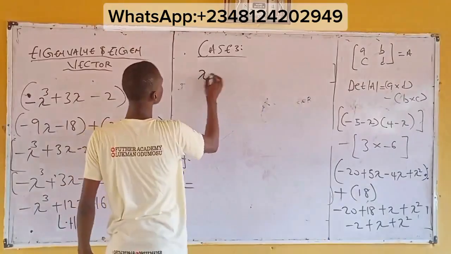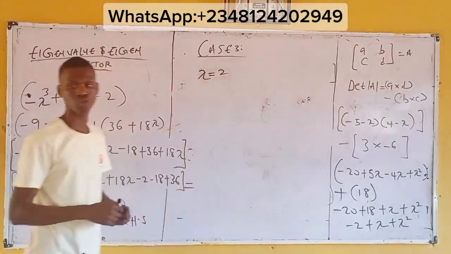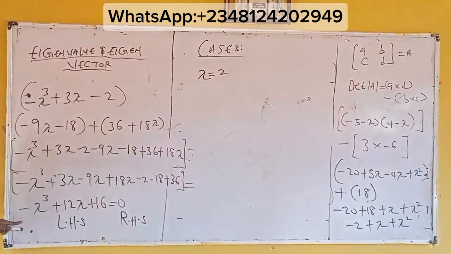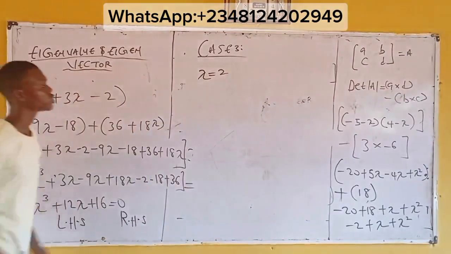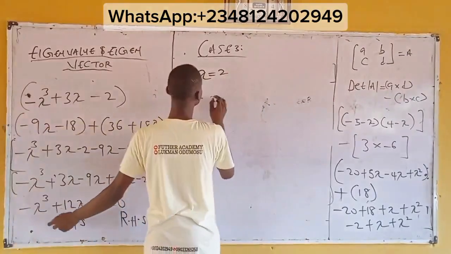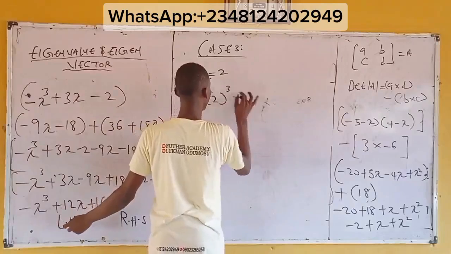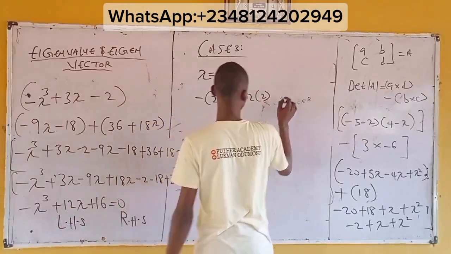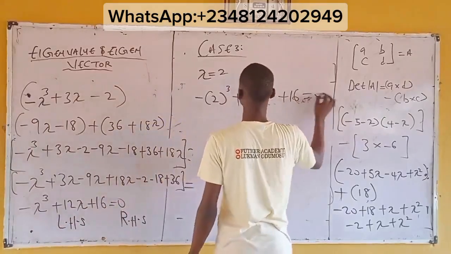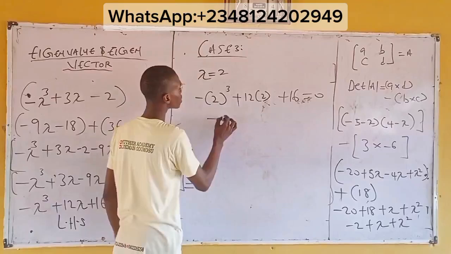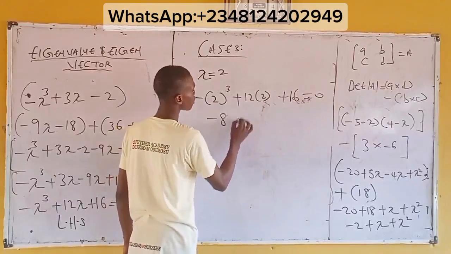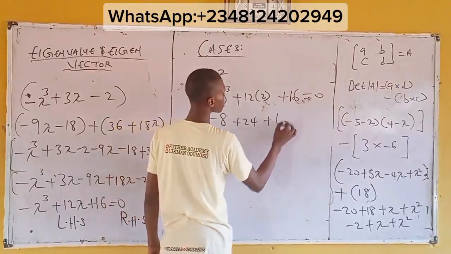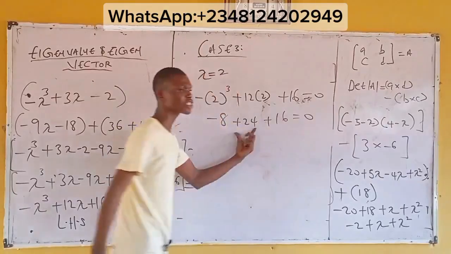Let's try positive 2 and see, probably you get it. Let's substitute lambda equals positive 2 into this equation. So that becomes negative 2 cubed plus 12 times 2 plus 16 equals 0. This is minus 8 plus 24 plus 16 equals 0. Let's solve our left-hand side.